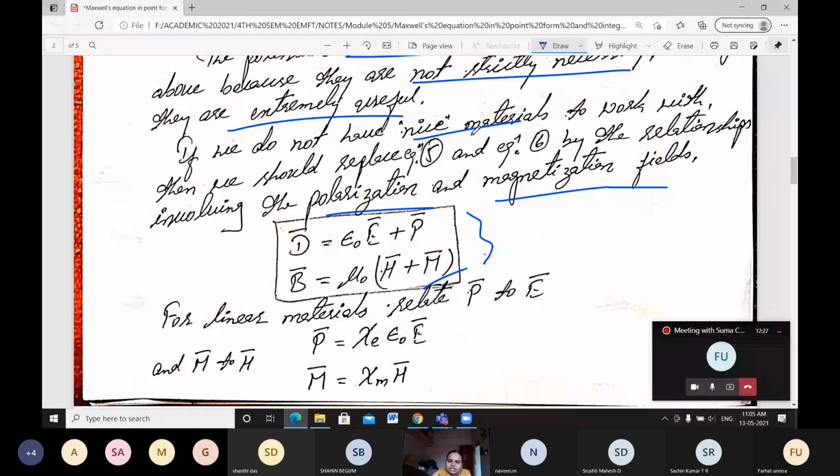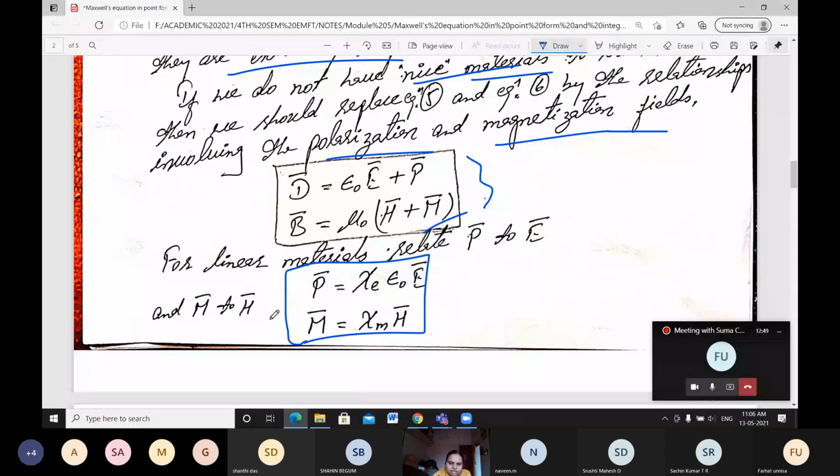Then for linear materials, relating P and E, P is equal to chi e epsilon naught E. For magnetization, M is equal to chi m H. This is the relationship we have to consider when dealing with linear materials.